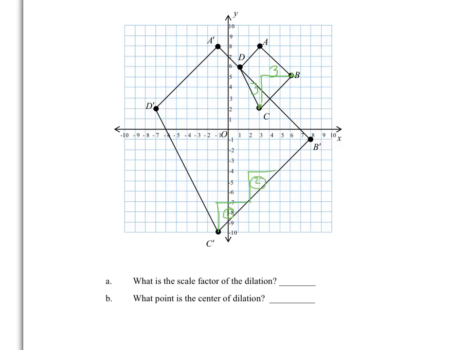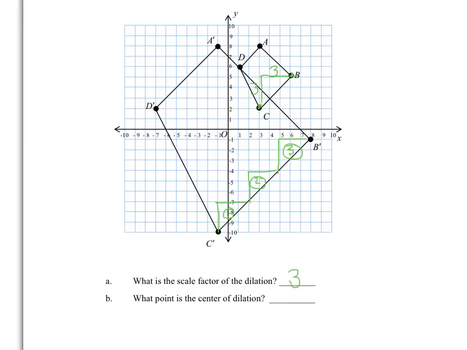That's twice. And then I can go up 1, 2, 3 and over 1, 2, 3. And that's 3 times. Therefore, my scale factor is going to be 3. And this will work with going between any 2 points. You're just looking at the slope and how many times you have to take the slope of your pre-image and do that to make your actual image.